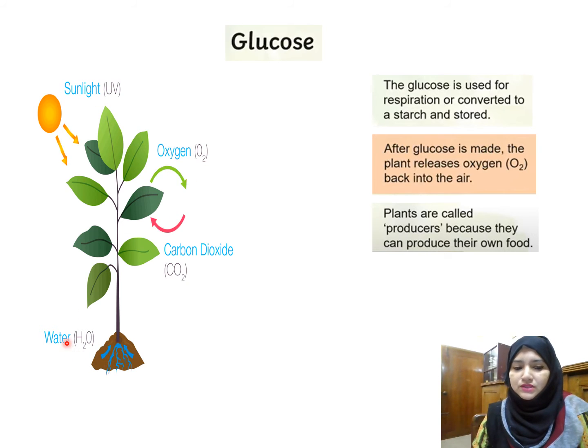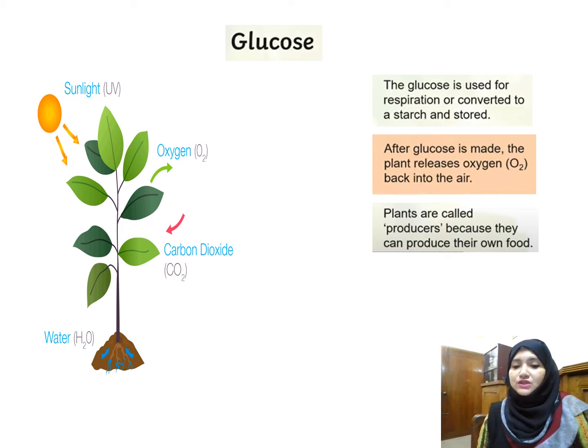From soil, the plant takes water, and from sunlight, light is used, and in this leaf, in the presence of chlorophyll, carbon dioxide is also taken by the plant leaves through the stomata, and after the photosynthesis reaction, oxygen is released into the air.